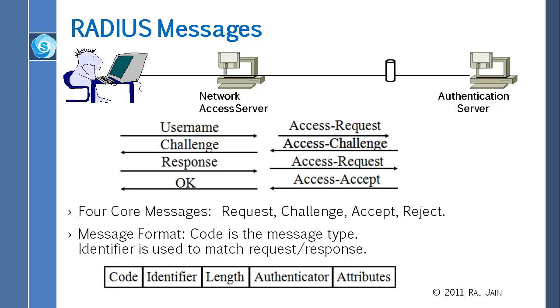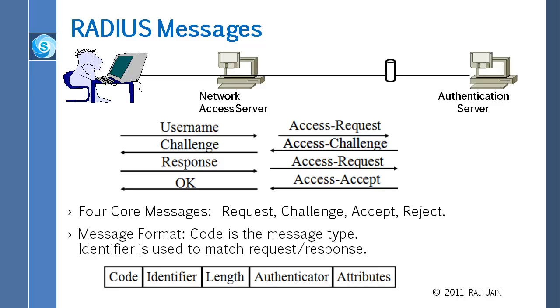Then the server gives a response which says challenge. Send this challenge to the user. The access server passes that challenge on to the user, the user sends the response, and that response is sent back to the server, and the server says it looks good, it's okay.